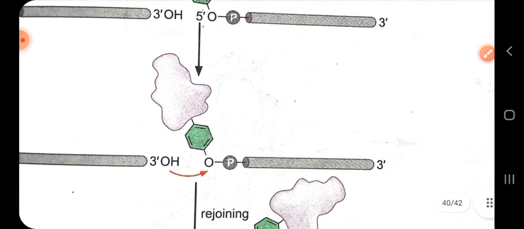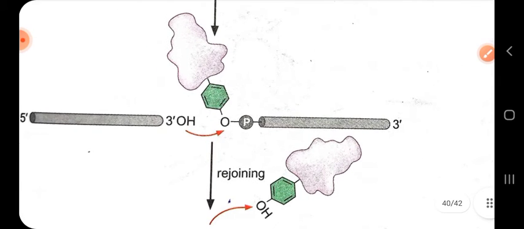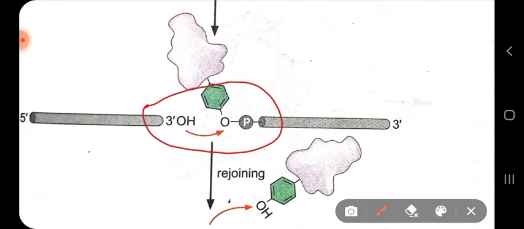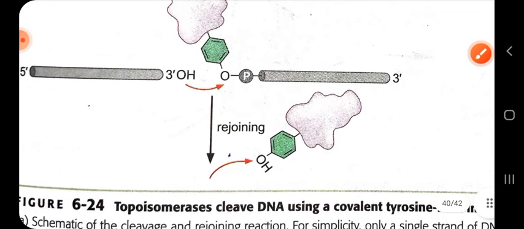That is, now the 3' OH group from the broken DNA end will attack that phosphotyrosine bond. So you can see the OH group is attacking this phosphotyrosine bond and rejoining the DNA phosphodiester bond. Now what's the deal then? Why do this? It is breaking first and then resealing.